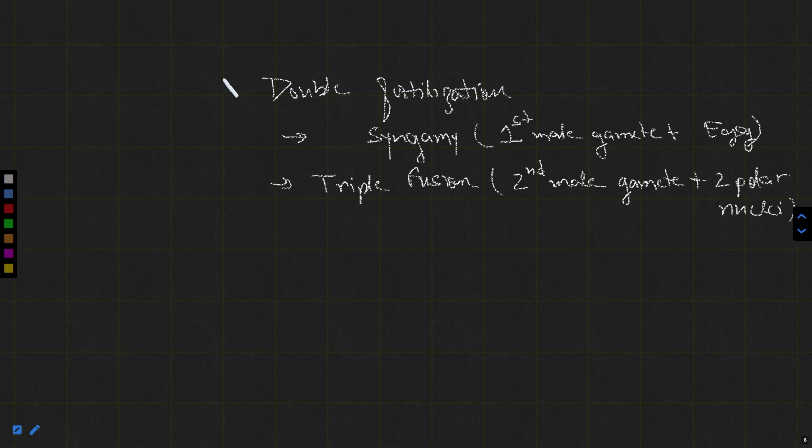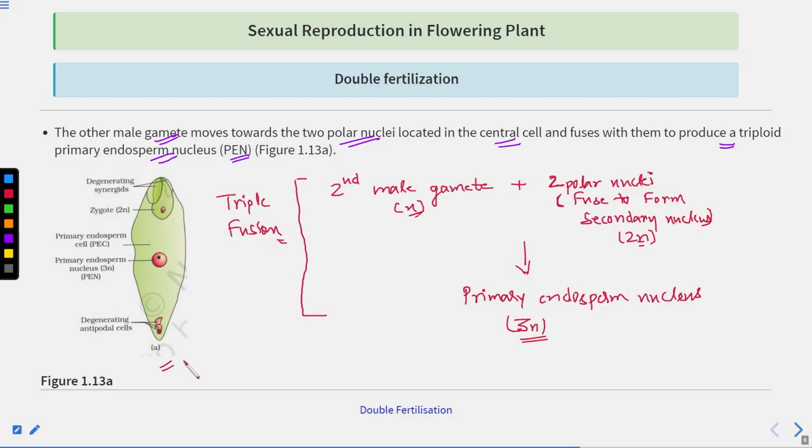So this is known as double fertilization, and this is very important. A lot of questions can come from this topic. Okay, clear? Now this is an image. In this image you can see what is happening after the fertilization. Clear? So this image is showing you the condition of the embryo sac after fertilization.